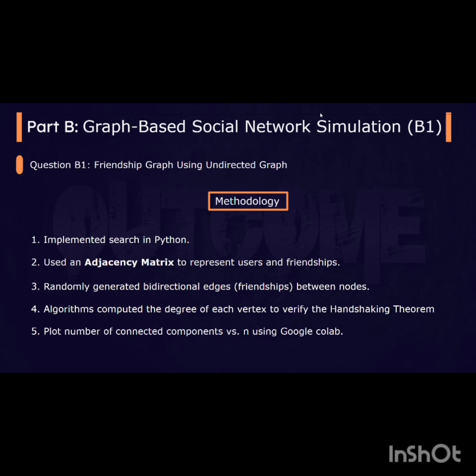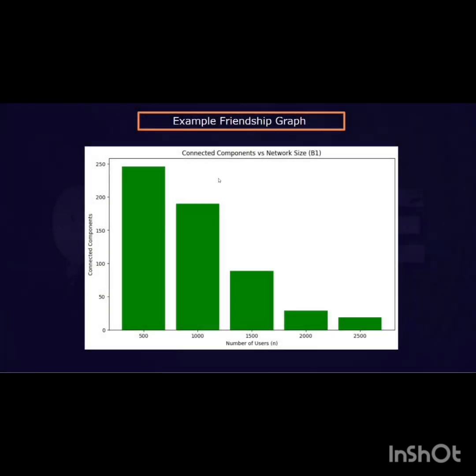For each network, we randomly generated friendship edges, programmatically calculated the degrees of all vertices to verify the handshaking theorem, confirming that the sum of degrees equals twice the number of edges, and finally, we counted the number of connected components. Please take a look at this graph.